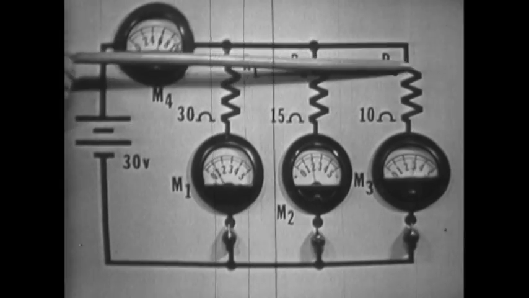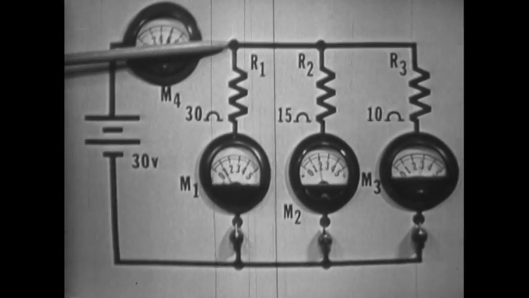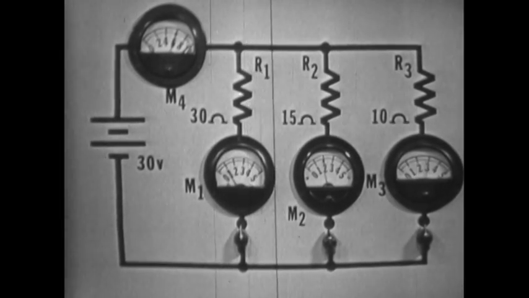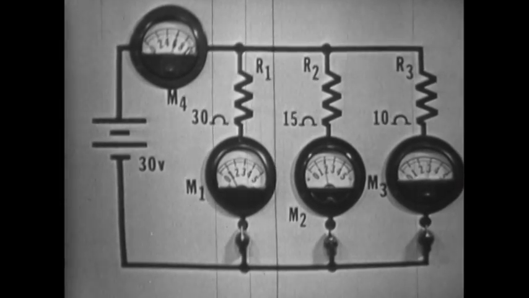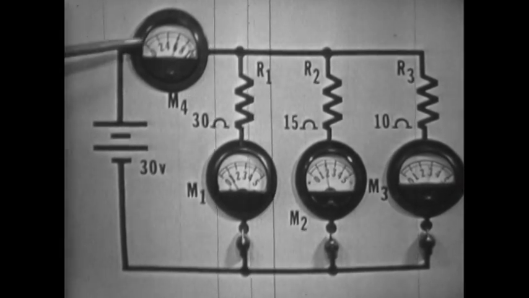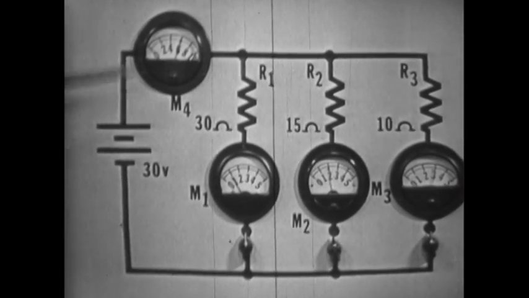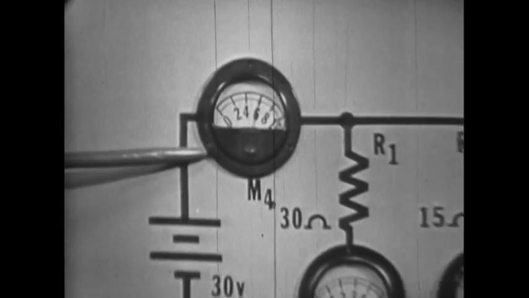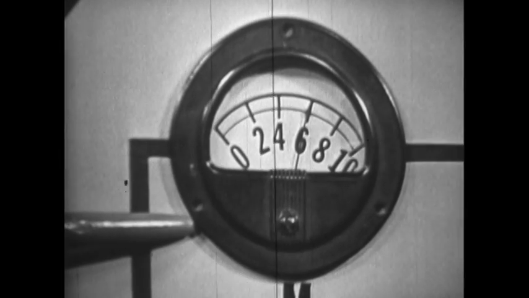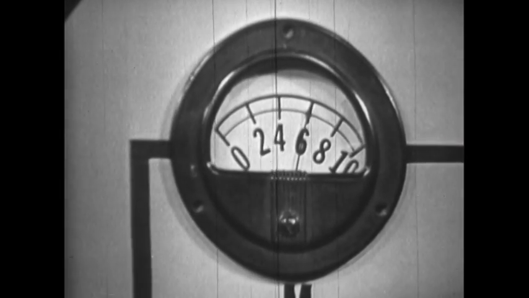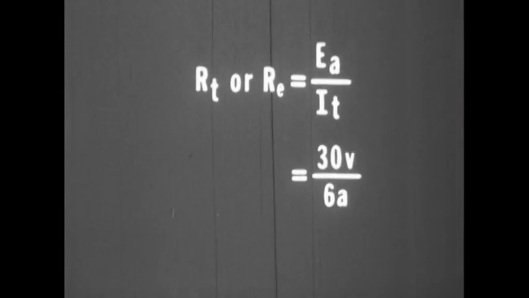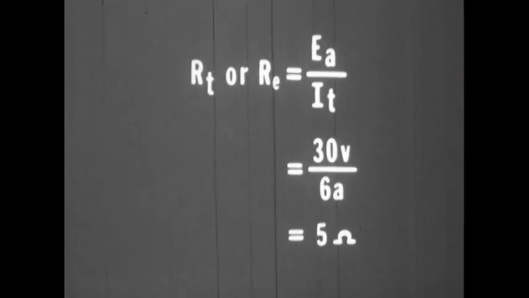If we know the total or equivalent resistance of the branches, we have another way to solve for total power. We can find the equivalent resistance by dividing the applied voltage by the total current. EA is 30 volts, and meter 4 indicated that the total current was 6 amperes. Applying these values to the formula, we have 30 volts divided by 6 amps, or a total or equivalent resistance of 5 ohms.